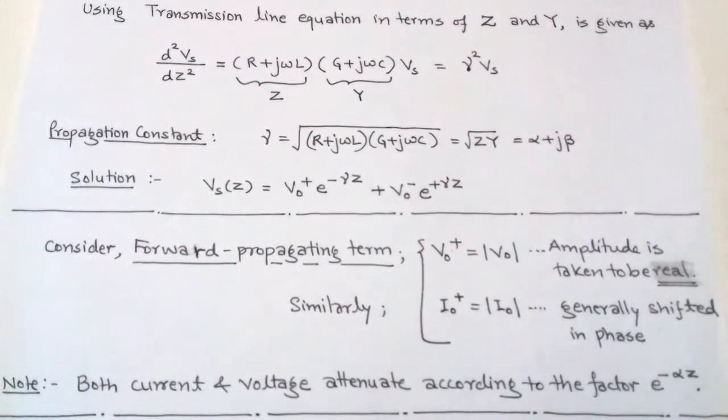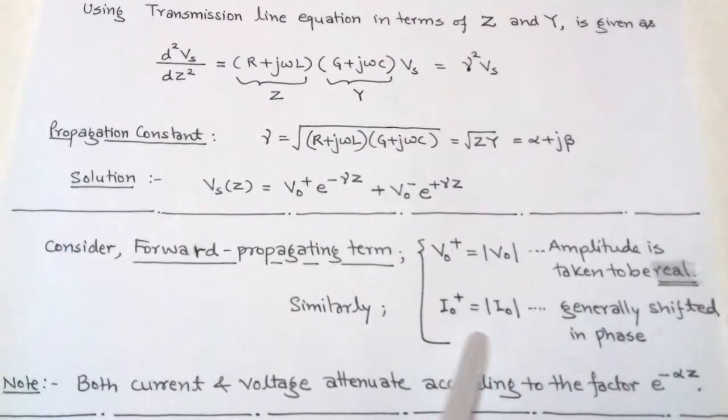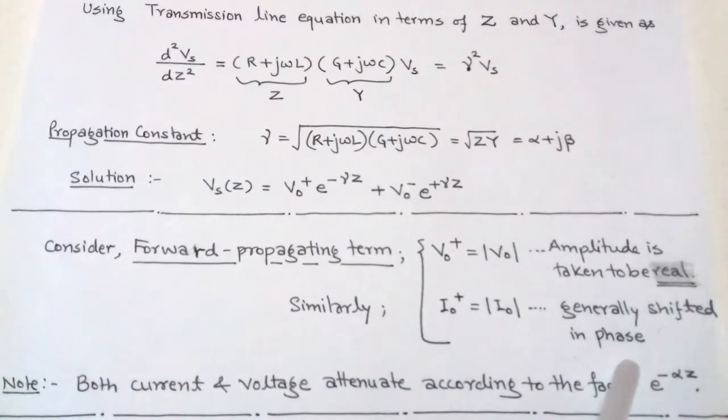Here also we take the first term, I0 plus, which represents the forward propagating term, and here also we take a real current. For this we take I0 plus equal to mod of I0, and here mod of I0 is shifted in phase by theta. This phase shift theta is due to the characteristic impedance Z0.